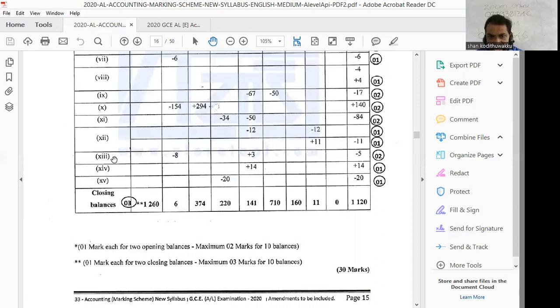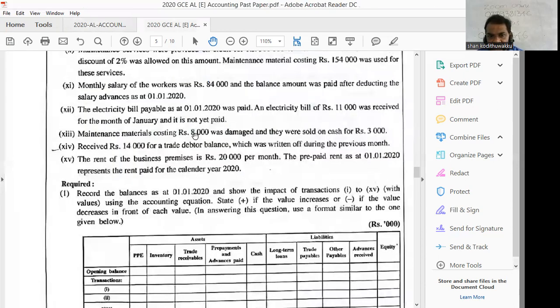Adjustment number 13. Maintenance material costing 8,000 was damaged and they were sold on cash for 3,000. Sometimes what we have at the business place, in warehouses or some other places, will get damaged.